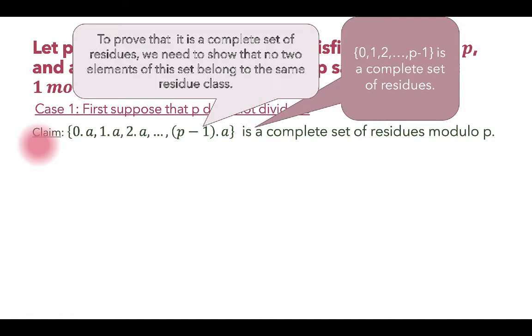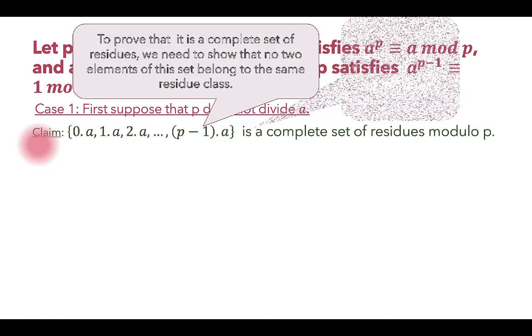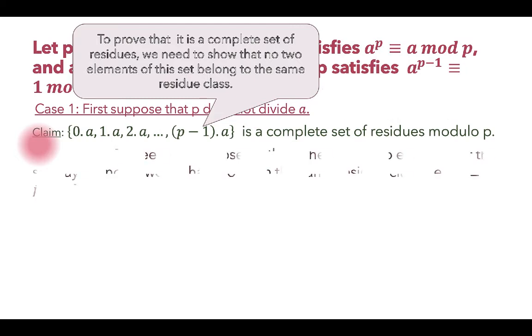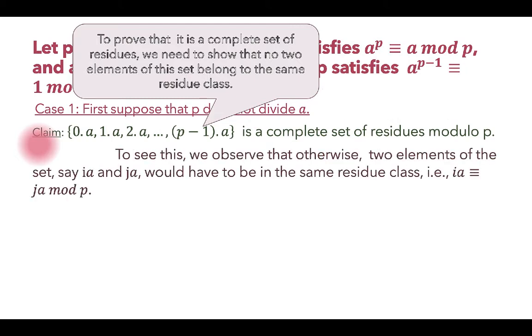So we need to show that no two elements of this set belong to the same residue class modulo P. In order to prove this, we will be assuming that some elements of the set, say IA and JA, belong to the same residue class. If these two elements belong to the same residue class, then those two will be congruent modulo P. That is, IA will be congruent to JA modulo P.